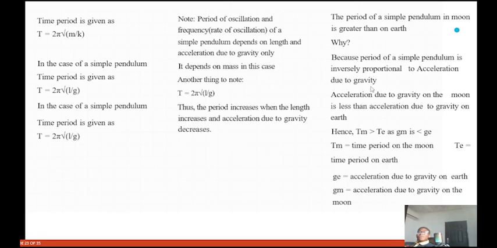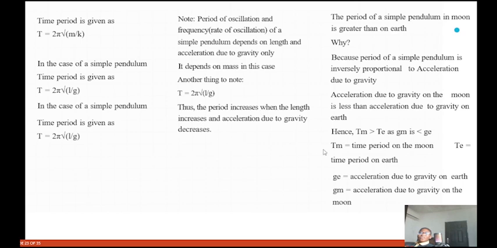The period of a simple pendulum on the moon is greater than that of earth, because period of a simple pendulum is inversely proportional to acceleration due to gravity. On the moon, we have very, very small acceleration due to gravity, but on the earth we have a big acceleration, and that is why the period on the moon is greater than on the earth.